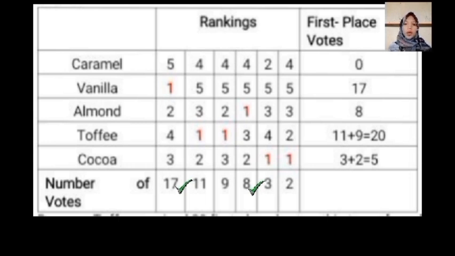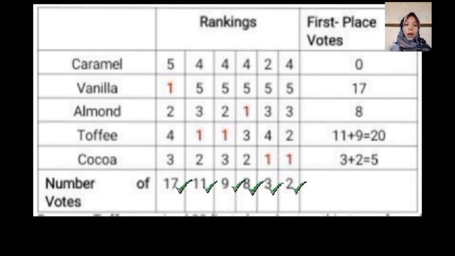Dito naman sa toffee, nag-rank 1 din ang toffee sa 11 persons and the 9 persons, makikita natin sa table. Yung cocoa naman, nag-rank 1 din sa tatlong tao, or 3 voters, and nag-rank 1 din siya sa dalawang voters.